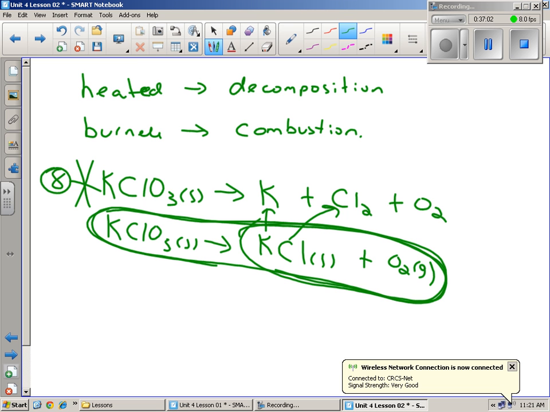If you do this equation, it's going to be pretty hard to determine how many grams of potassium you'll get, because potassium is combined with the chloride. Whereas this is easy. If I give you 50 grams of this, you can tell me how many grams of that you can get. It's quite simple, actually. We'll look at that.